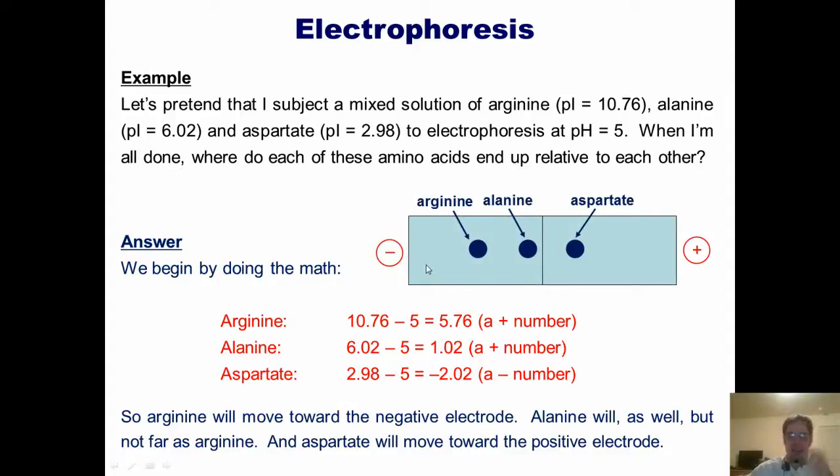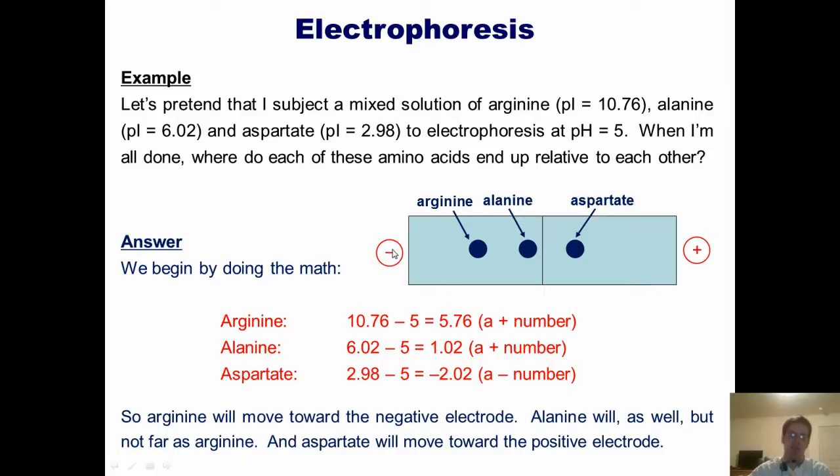If we were to actually draw a picture depicting that movement, here's the center of our gel or of our piece of paper that we've placed this mixture of amino acids on. We've got the negatively charged electrode and the positively charged electrode on either end. What we see is arginine and alanine both have positive differences between their pIs and the pH of the solution.